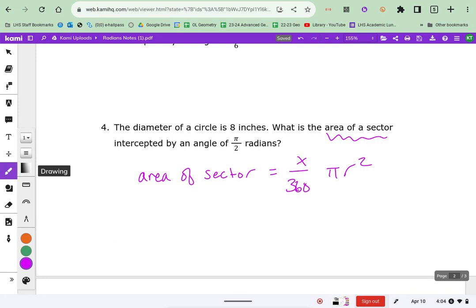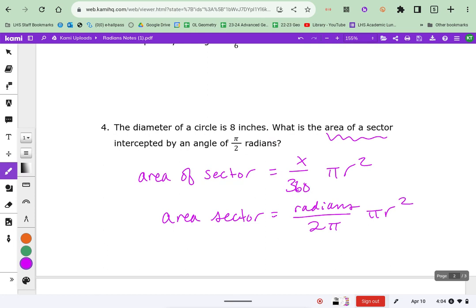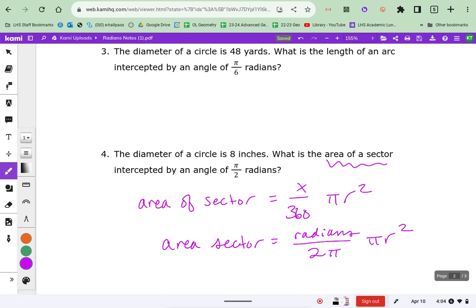So the way that you'd swap it out for radians would be that your area of the sector would be radians over 2 pi times pi r squared. So again, if you are solving one of these problems and you're using this new method, then all you have to do is, when you get stuck, just start over and first convert your radians to degrees, and then you solve normally with degrees.